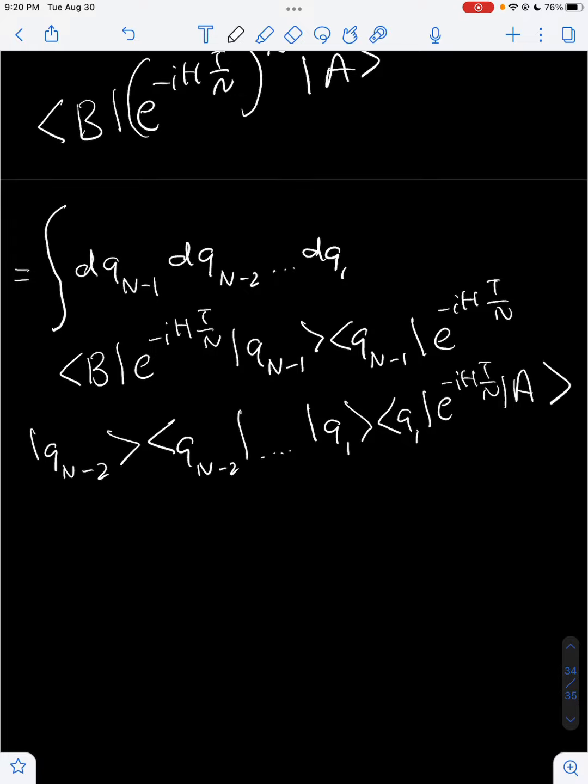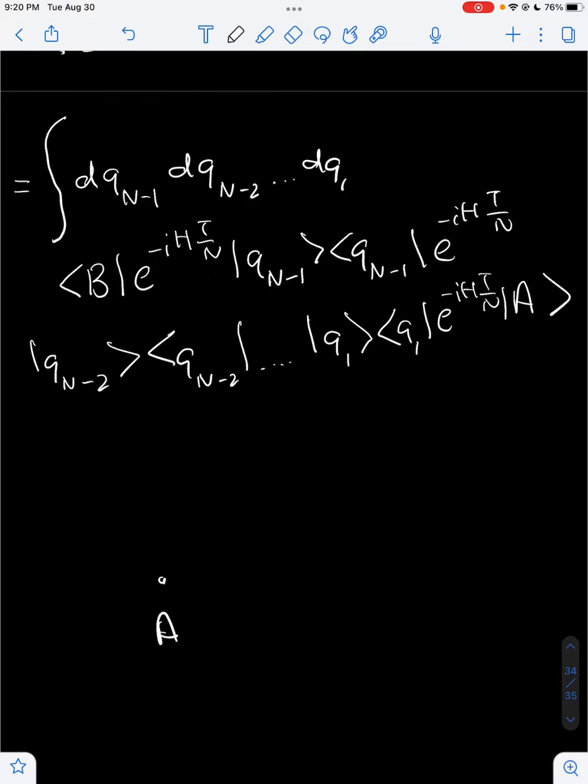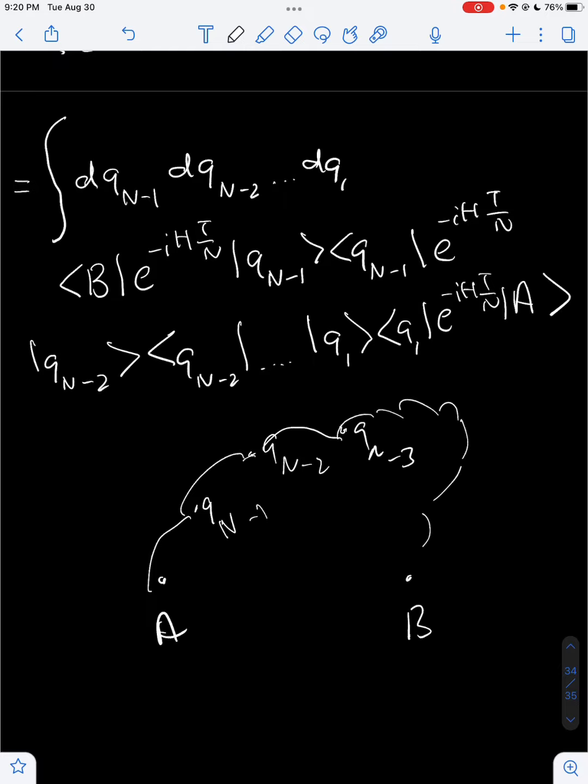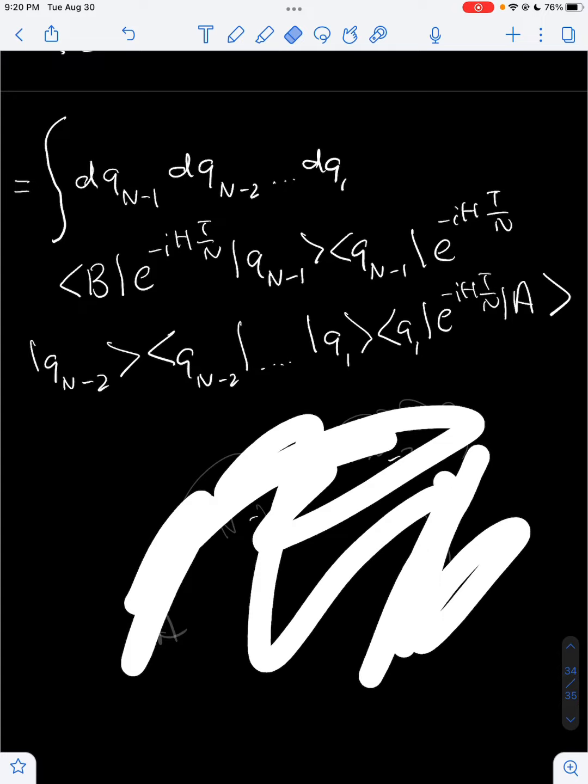So basically, the probability that we go from a to b in time t is the probability that we go from a to q n minus 1 in time t over n, to q n minus 2 in time t over n, to q n minus 3 in time t over n, and so on, up to q1, and then to b. So now we have a more general path, instead of a specific one.